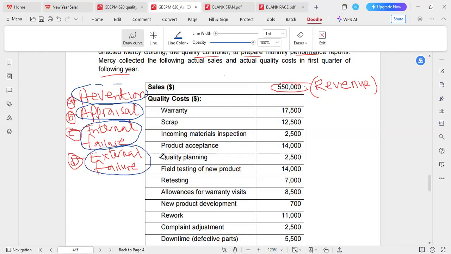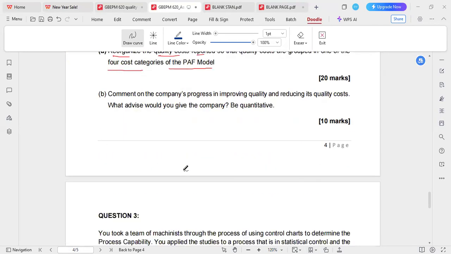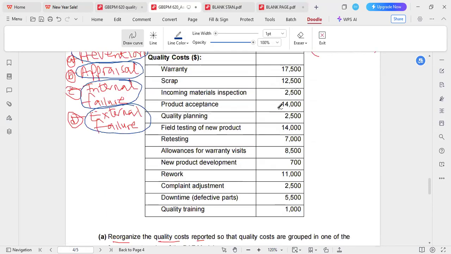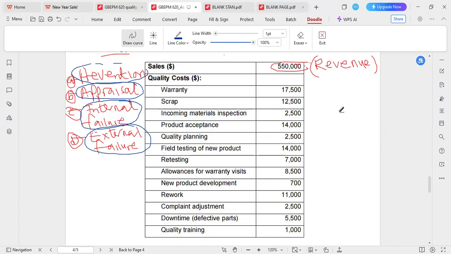So these are the four costs of quality that we actually look at. All right. After that, we comment on the company's process in improving quality and reducing its quality costs. What advice would you give the company? Be quantitative.